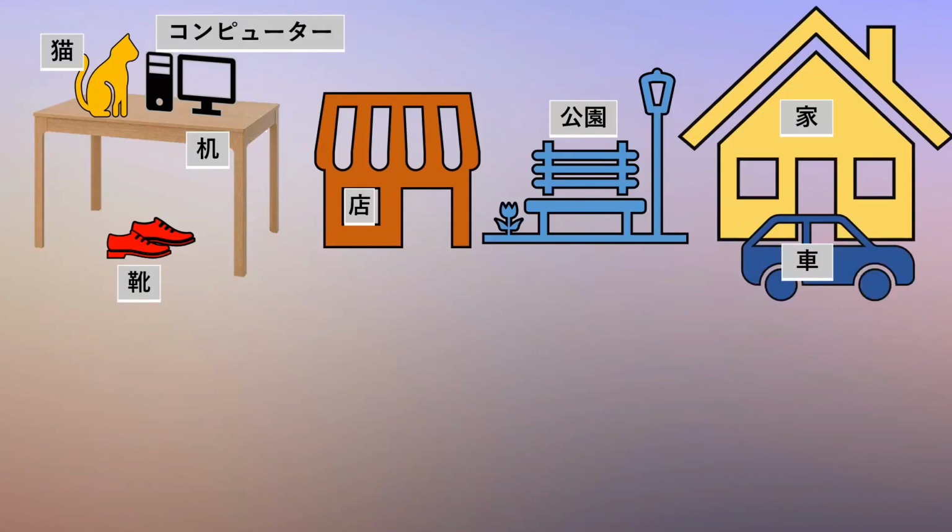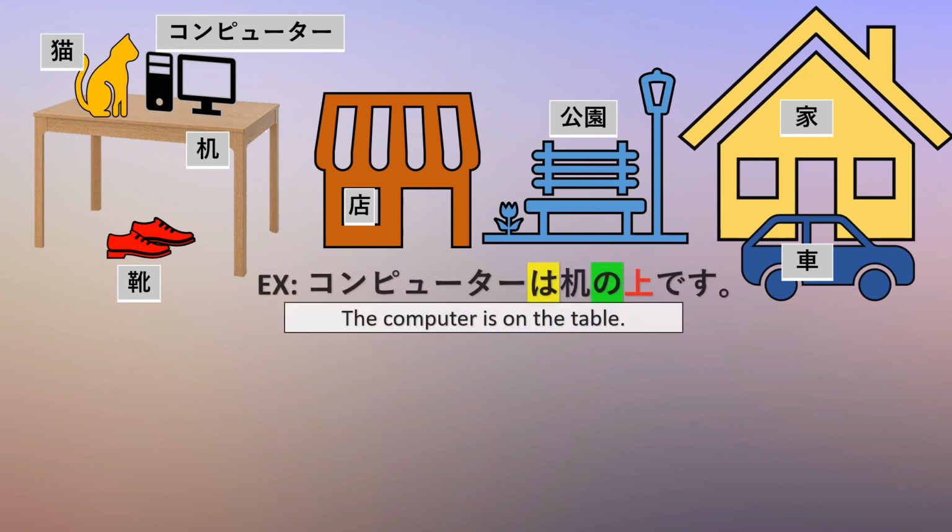Okay, we're going to do some exercise on the topic of location words, the topic we have just discussed. So we're going to locate or find these things according to the location or the reference point they are in in the picture. For example, we have computer wa tsukue no ue desu.